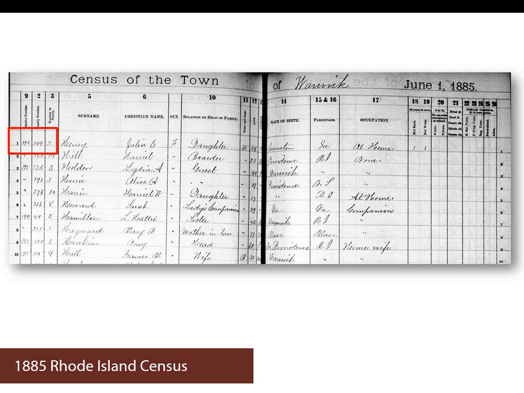And I've boxed in red the columns that are very, very important to us to be able to find the rest of her family. In this instance, it's the first column, which is the district, which is 192. The second column gives us the family number. And then the third column says how many in the family. There are 3. So there are 2 other people I have to find for this particular family.